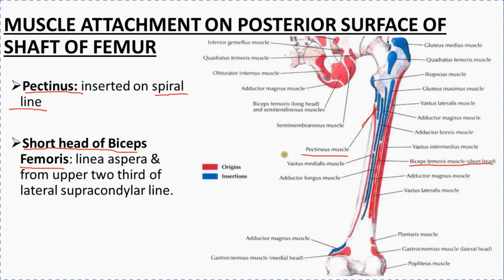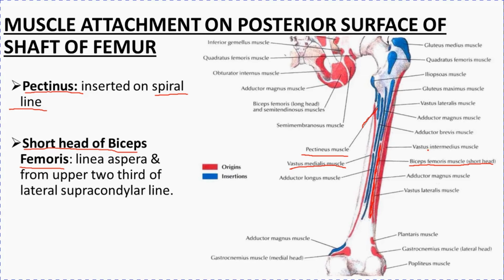Now we have these muscles in the figure. The vastus medialis muscle arises from the medial lip of the linea aspera, the whole linea aspera down up to the medial supracondylar line.